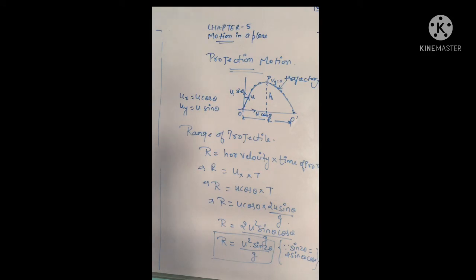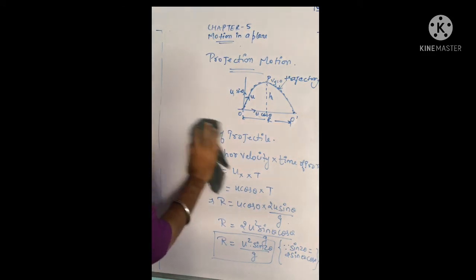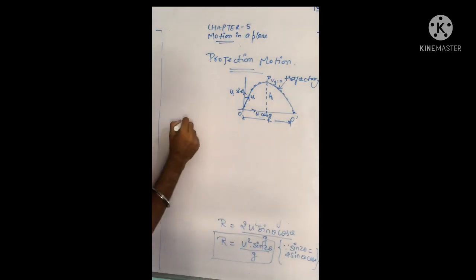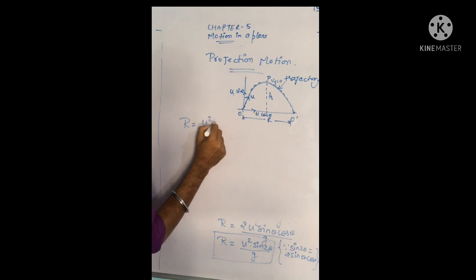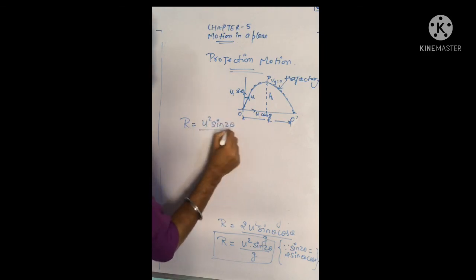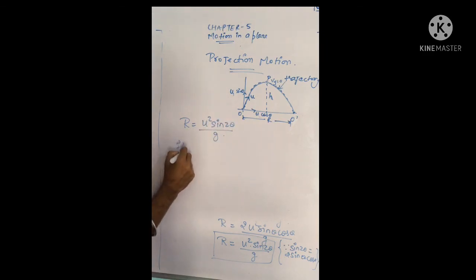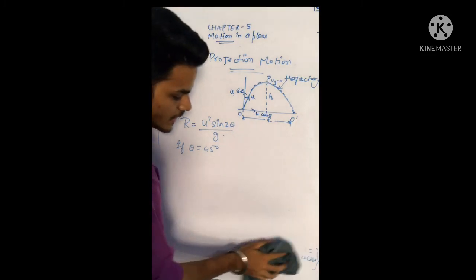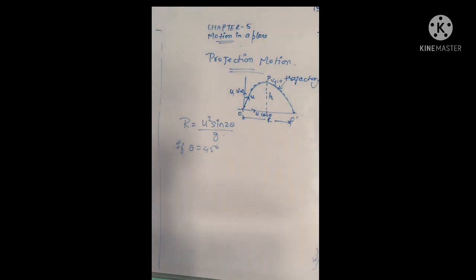So we got the final formula as R is equal to u square sin 2 theta upon g. Now if theta is equal to 45 degree, then the range will be maximum.